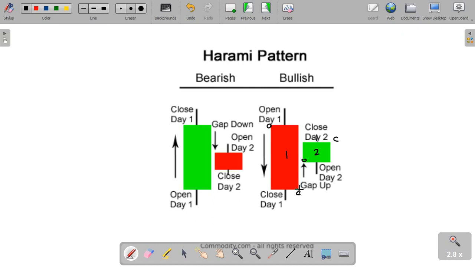See here, this is the closing. It is obvious it is a gap up opening and closing below the previous candle, and because the second candle is green, the direction will be up. This is candle number 1, this is candle number 2, and this will be formed at the bottom of a trend.